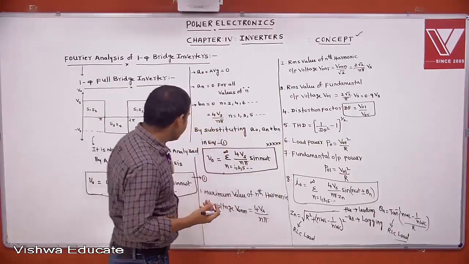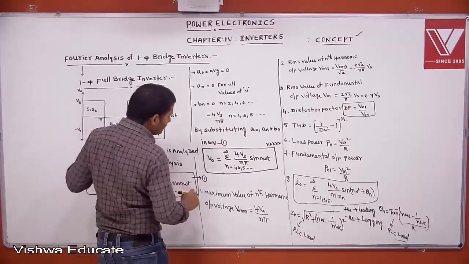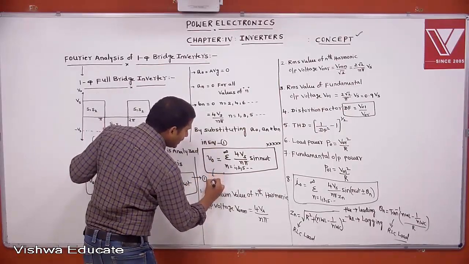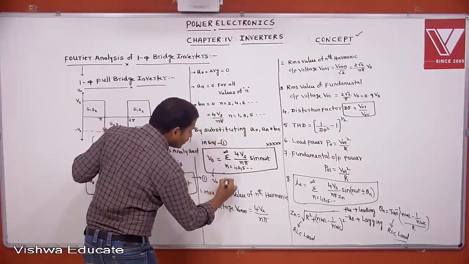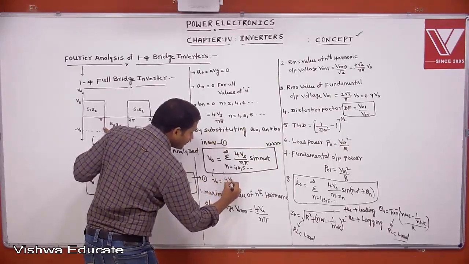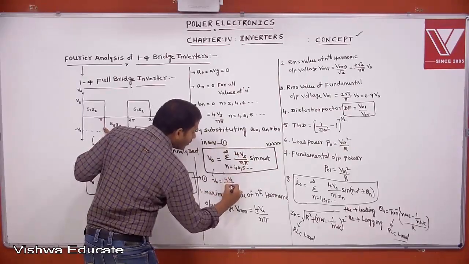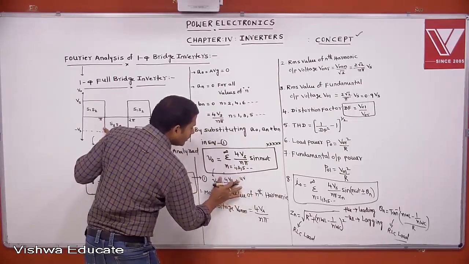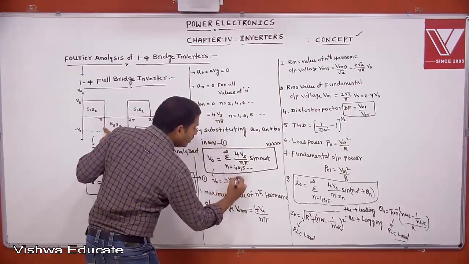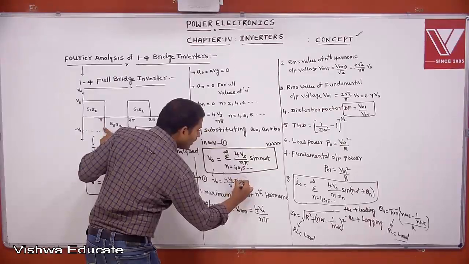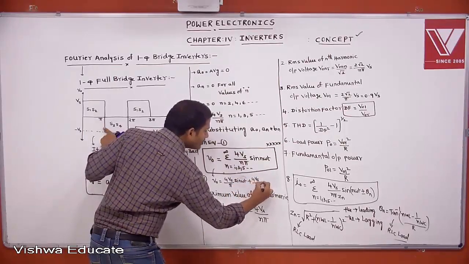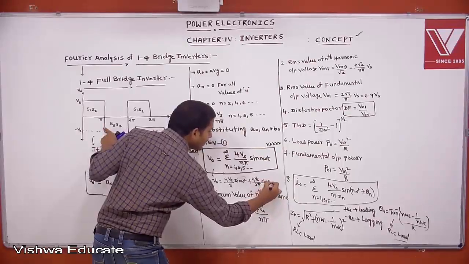One point to remember here: this instantaneous output voltage equation you can also write like this. If you substitute n equal to 1, 4Vs by pi sin omega t, plus 4Vs by 3 pi sin 3 omega t, like this we can extend.